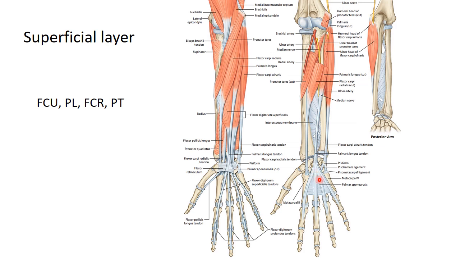What is the action of palmaris longus? Since it is attached to the palmar aponeurosis, it supports the palmar aponeurosis when we grip.